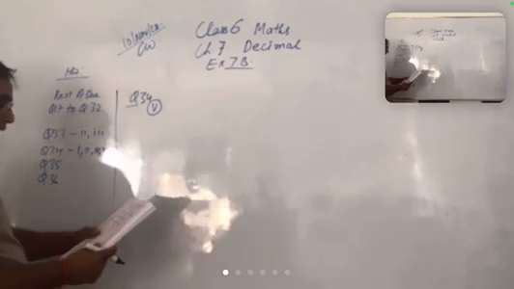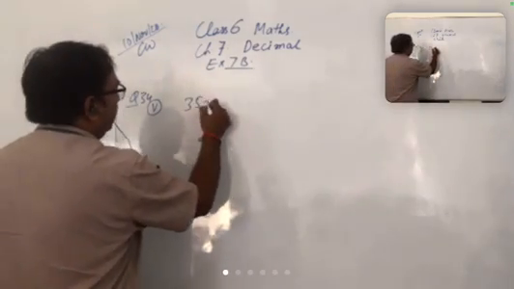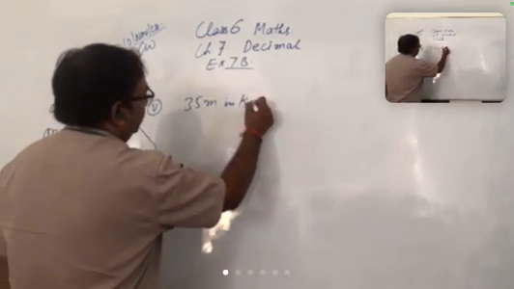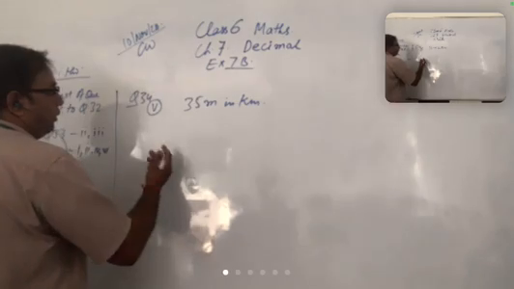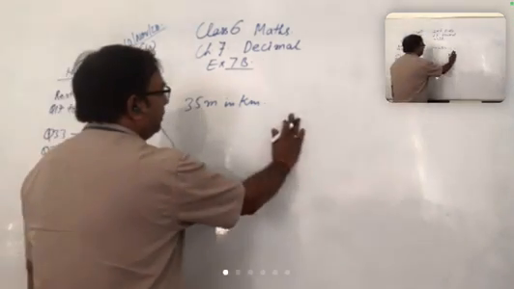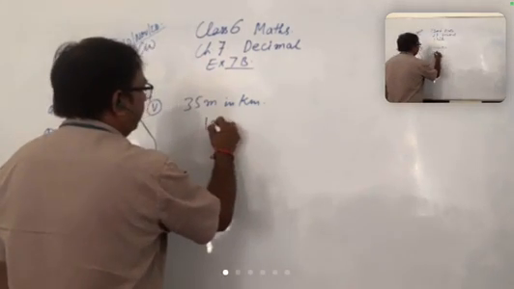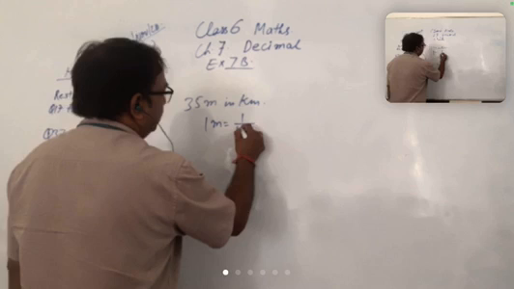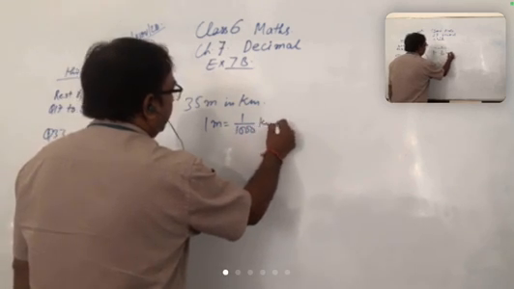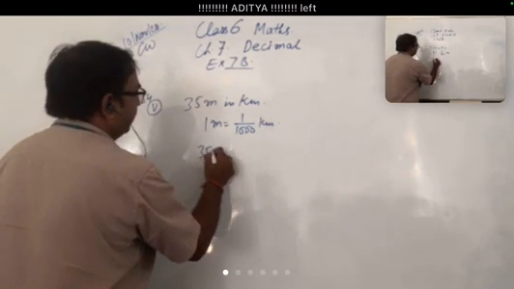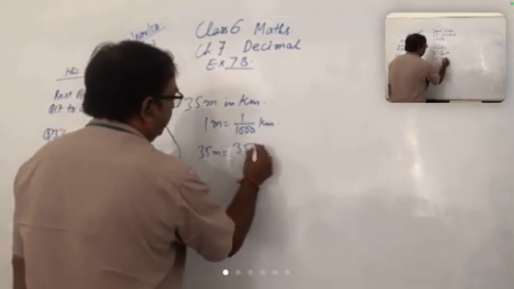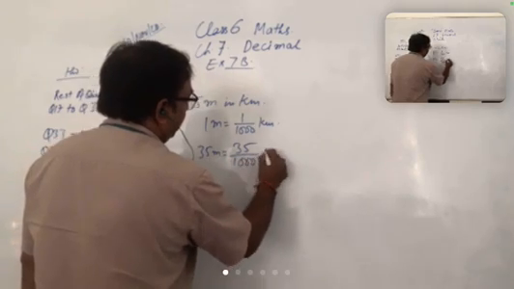Now here is 35 meter in kilometer. Here we don't have any whole number, and we know that 1 meter is equal to 1 upon 1000 kilometer. So we directly write 35 meter is equal to 35 upon 1000 kilometer.